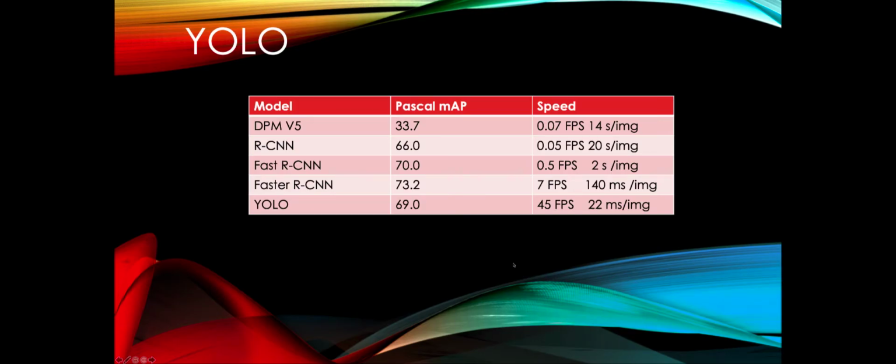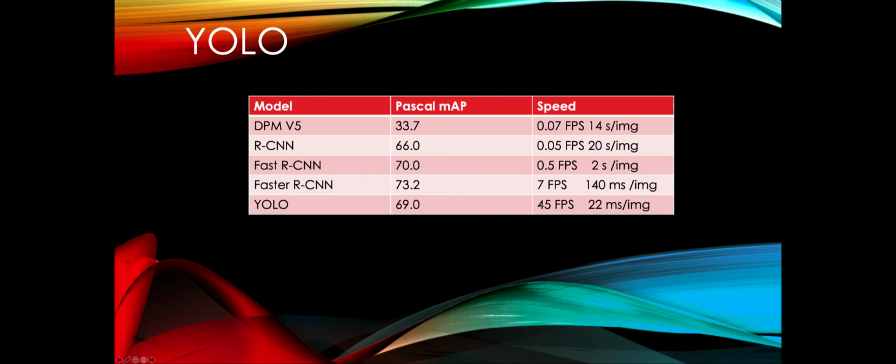Here is a summary of various models. For each model, it shows the mean average precision using Pascal, and also the speed. If you compare DPM v5, RCNN, and Faster RCNN on accuracy and speed, YOLO really stands out because of its high processing speed.